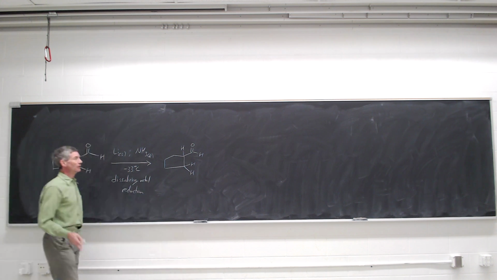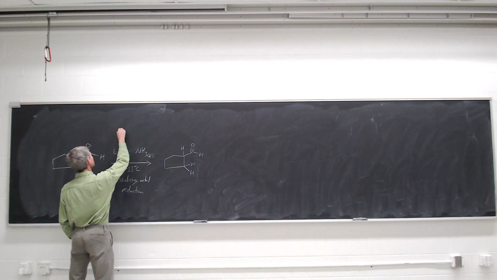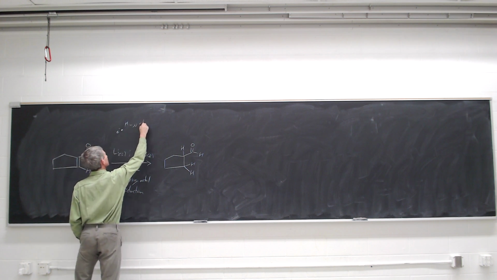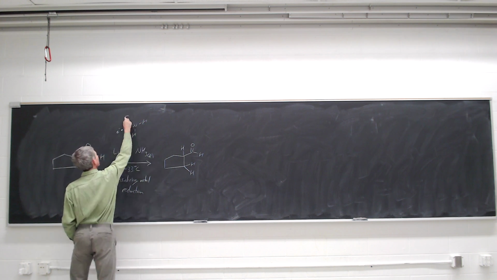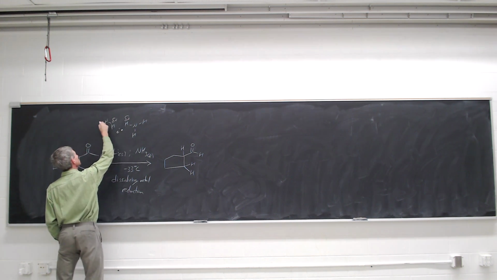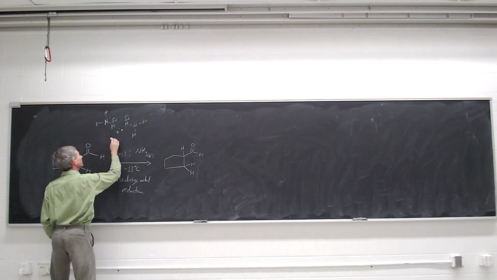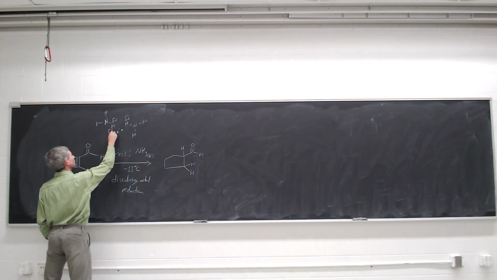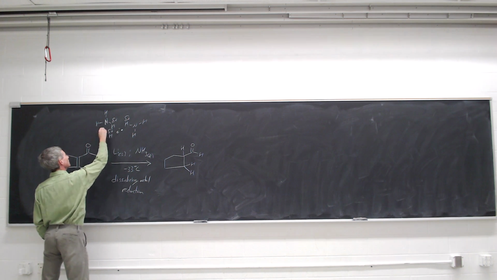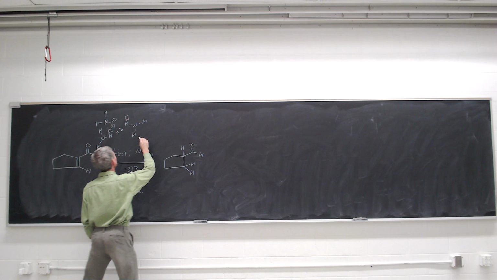Remember that what happens when you put lithium into liquid ammonia is it actually just gives up its electron, which is then surrounded by the partially positive hydrogens on the solvent, to form what's called the solvated electron. Because an electron floating around in solution by itself is not very stable.